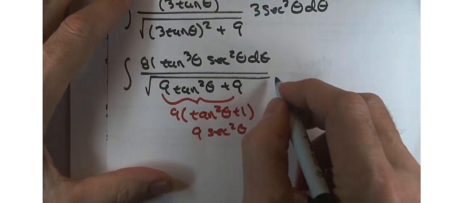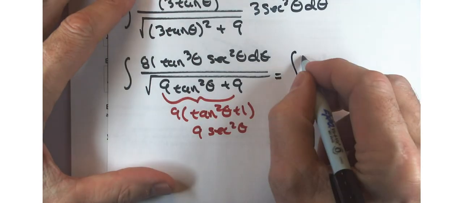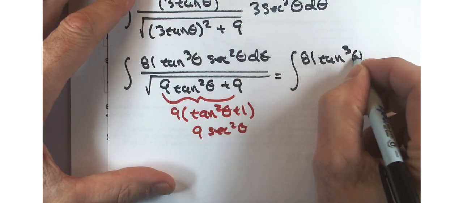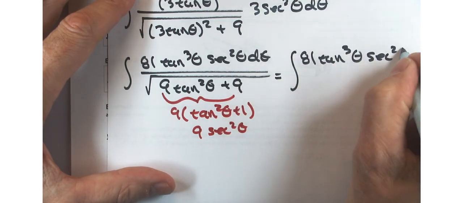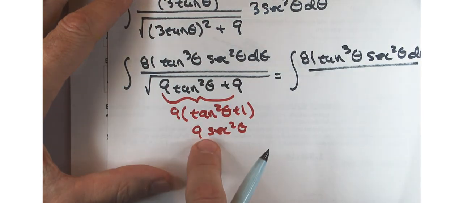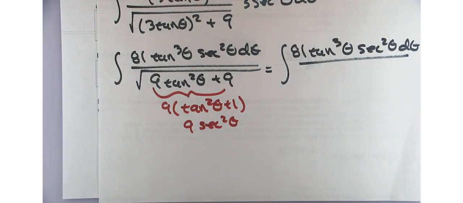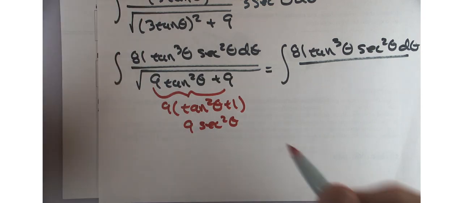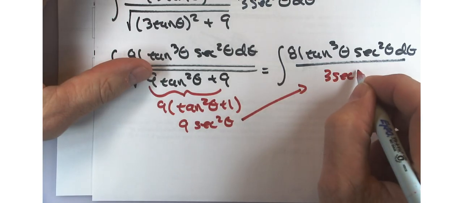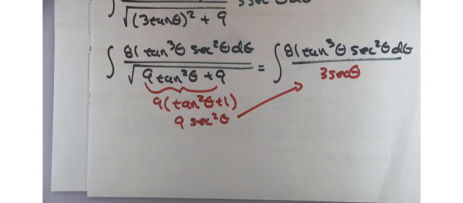So this becomes the integral of 81 tangent cubed of theta secant squared of theta d theta. Square root of that is just going to be 3 secant of theta. Can I do any simplification here?